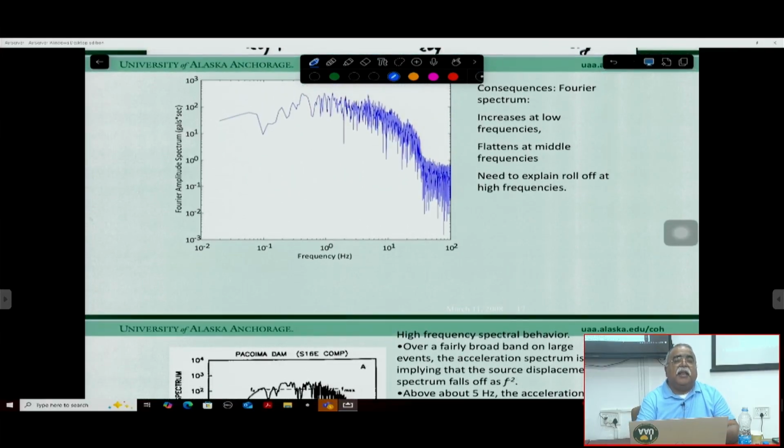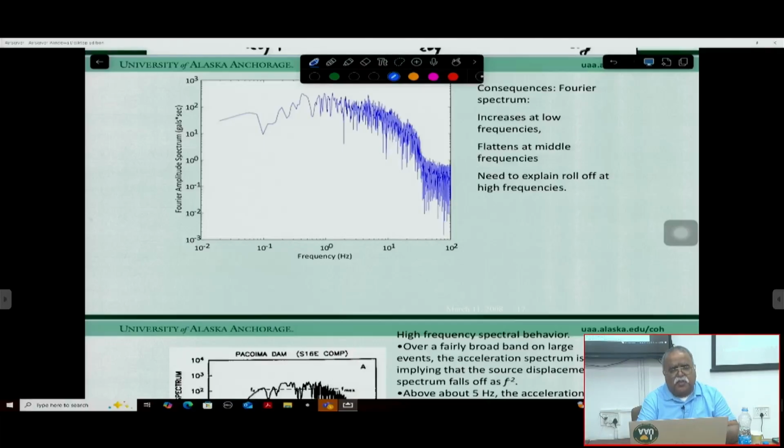In case of your S-wave, you can plot the S-wave spectra, and from the S-wave spectra you first differentiate it. That means divide the S-wave spectra by 2 pi f, the 2 pi frequency, and compute the displacement spectra.